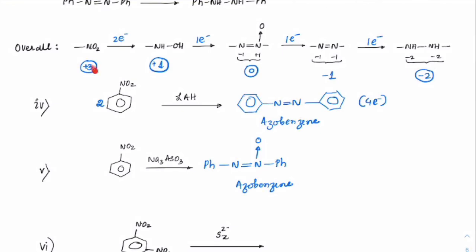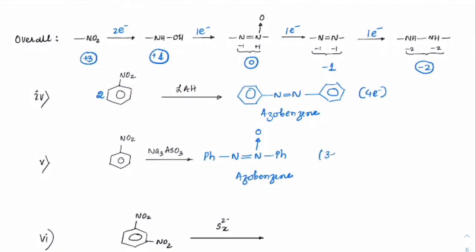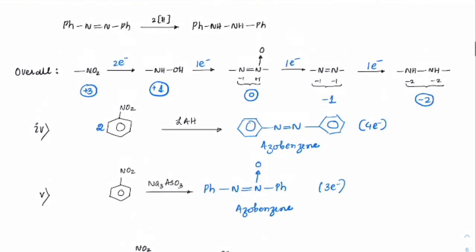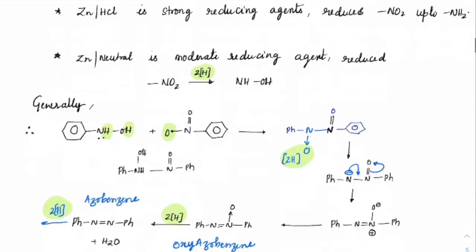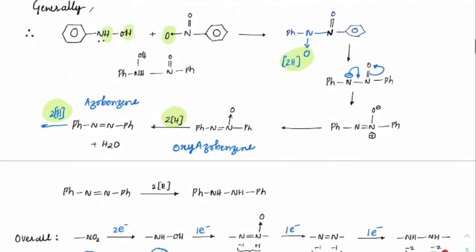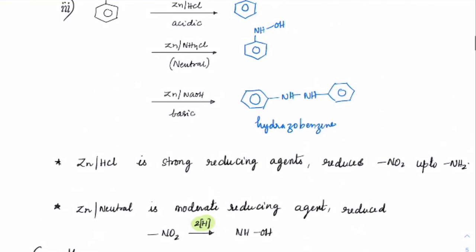So from here you can see from +3 it is changing to 0, which means how many electrons are involved here for reduction? 3 electrons. Correct. If it was for zinc, check from here to here how many it has changed, because eventually you have to come to this point, no? So it has 5 electrons. So here 5 electrons were involved.